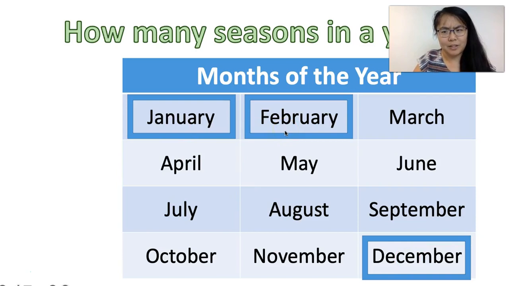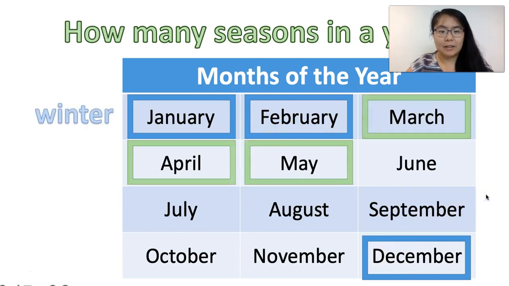What comes after winter? What is after winter? Spring. Good. Spring is after winter. These are the spring months: March, April, and May.